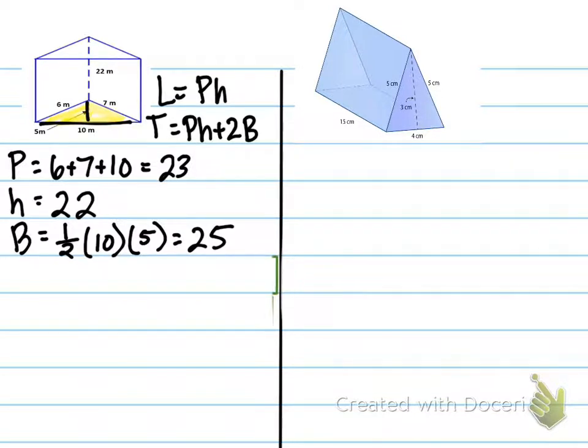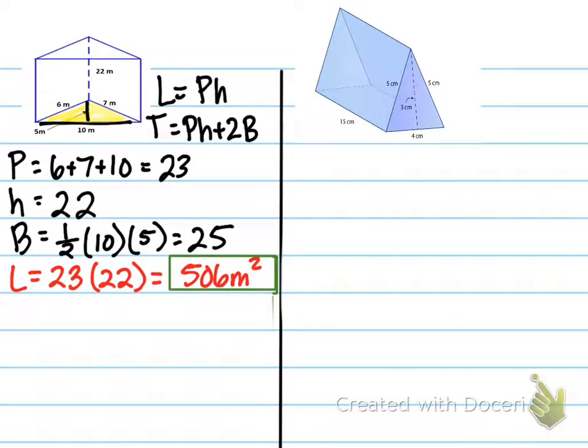Then we can find both our lateral and our total surface area by using our formulas. For the lateral, I have the P, which is 23, times the height, which is 22. When I multiply those together, I get 506, and our units are meters squared.